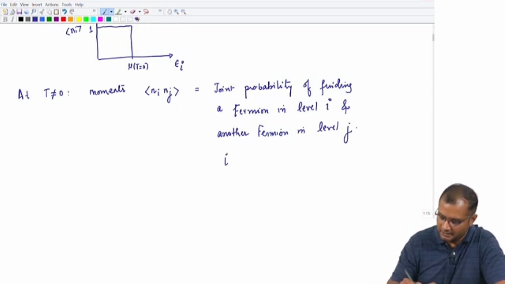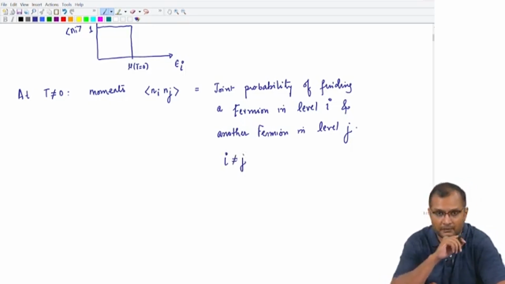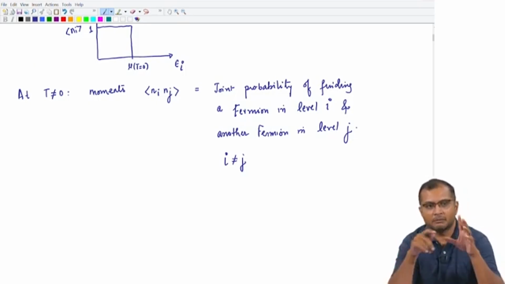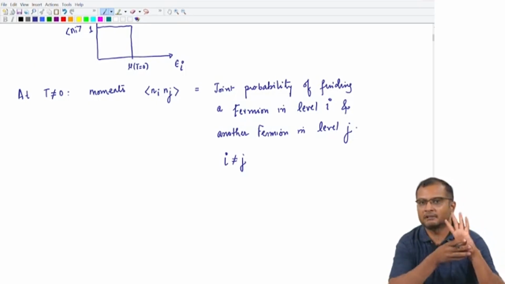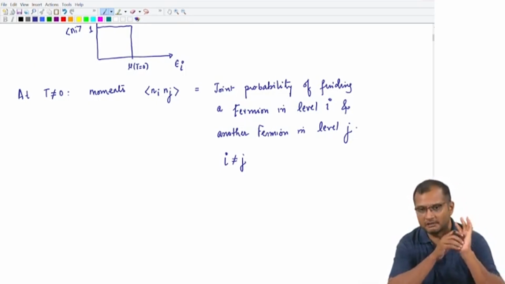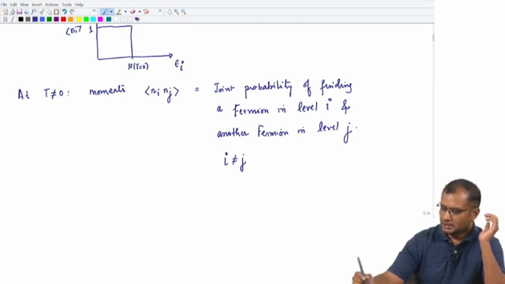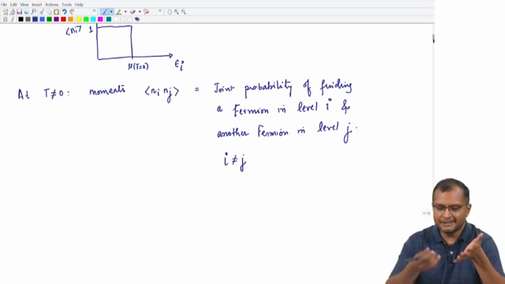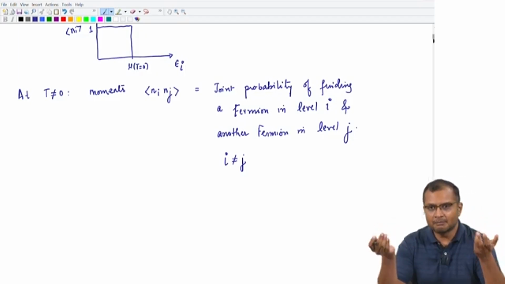We have taken this convenient assumption that i is not equal to j. Okay. So, we are talking about different single particle levels, and we are talking about the probability of finding one fermion in level i and some other fermion in level j. Okay. And this can be computed. So, this is a relevant question, and this can be computed by this joint moment Ni Nj. So, moments are important here.